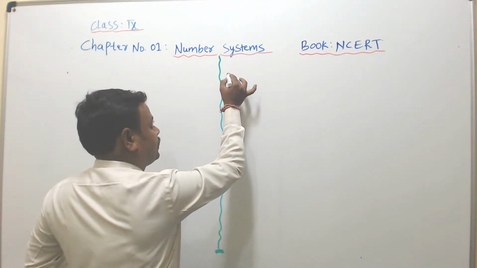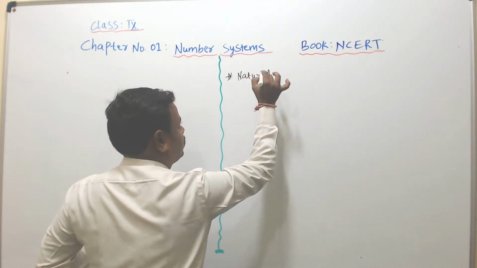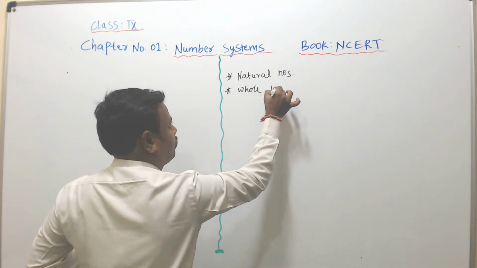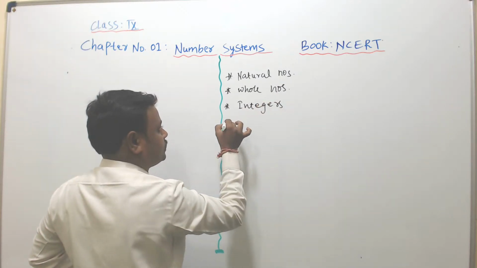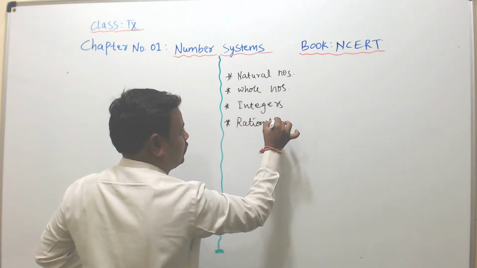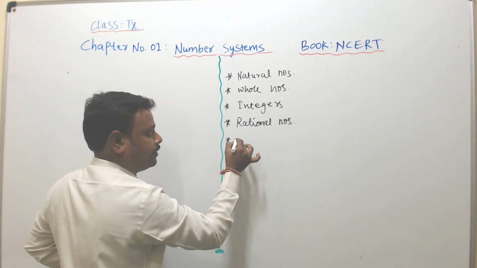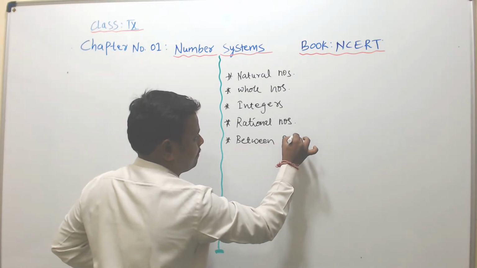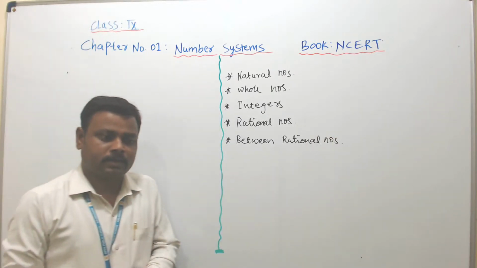Yesterday we have discussed the points: natural numbers, whole numbers, integers, rational numbers, finding between rational numbers. These are the points we have discussed yesterday.